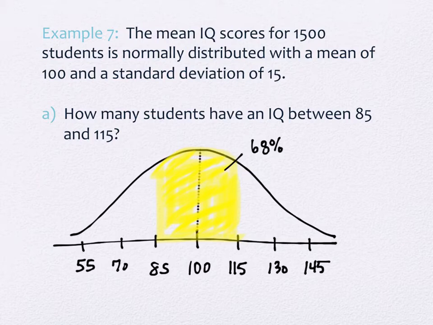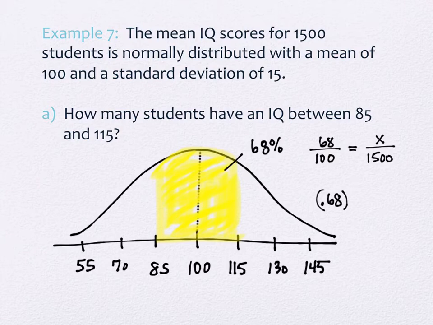You can do that in a couple of ways. One way we did it was with proportions. We said 68 over 100 equals some value over the 1,500, right? You can do it that way. Another way is to take 68% as a decimal, which is 0.68, and multiply it by 1,500. It doesn't make any difference which of those approaches you take.